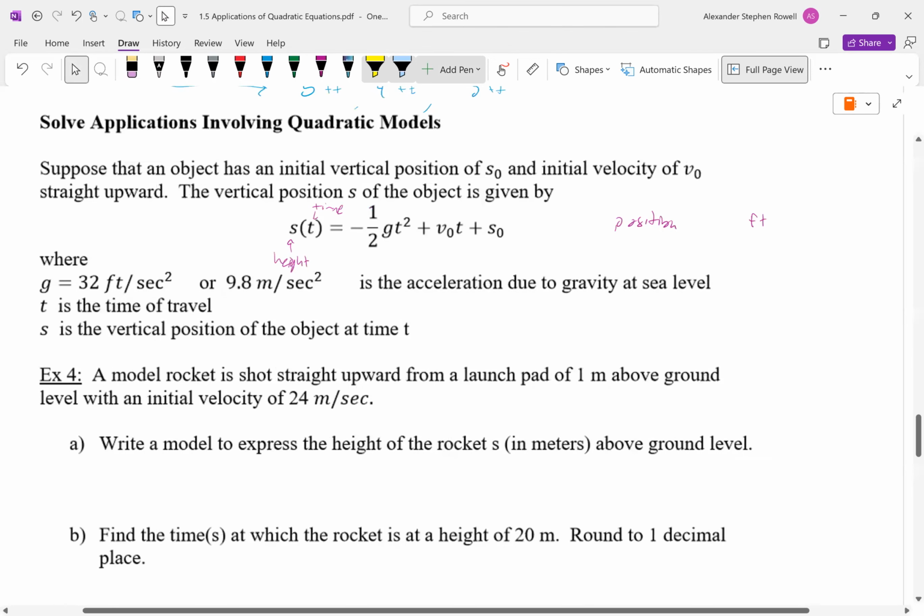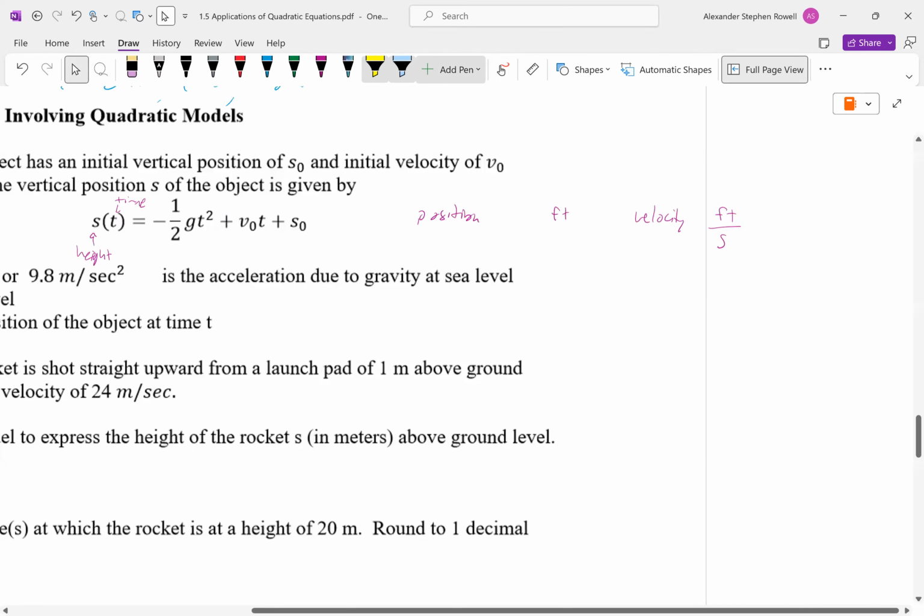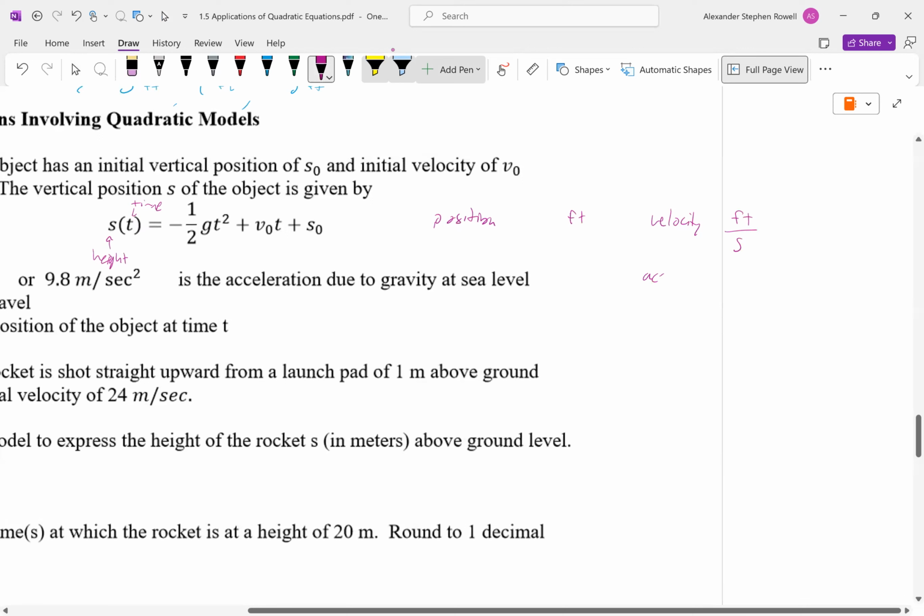Okay. Velocity would be change of position with respect to time. How fast is it going? Feet per second. And I said that acceleration is change of velocity over time.